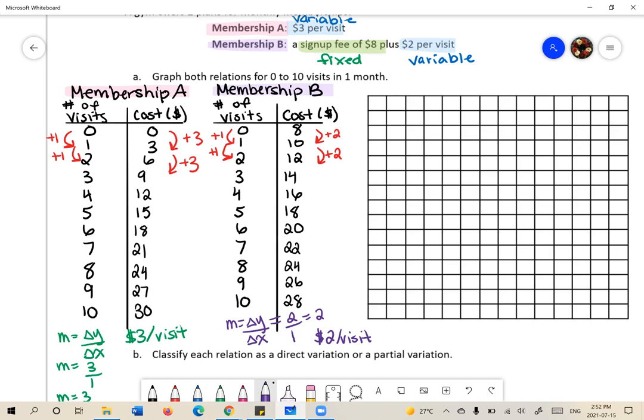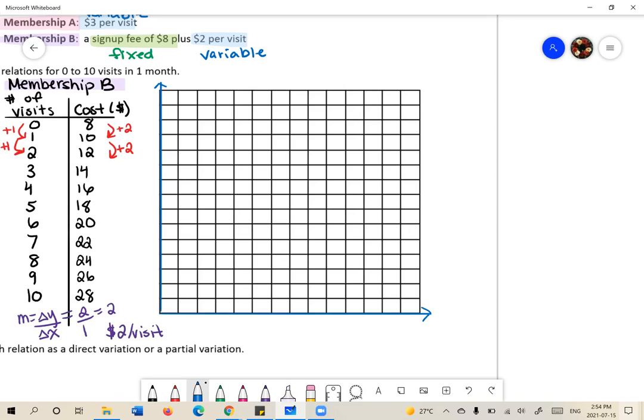Now that we have two table values, we can graph them on this grid over here. My independent variable is number of visits. And my dependent variable is cost. Now I'm ready to plot my points.